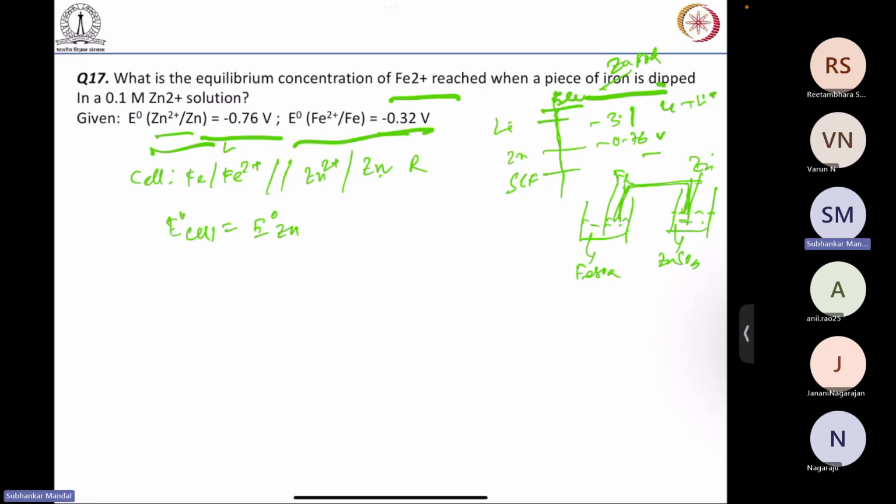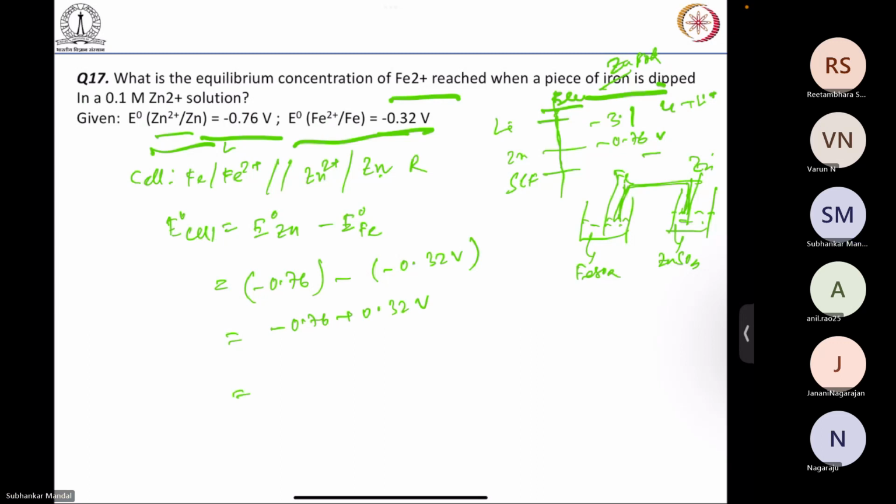So what we can write: this is the right and this is the left. So E naught minus E of Fe. These values are given: minus 0.76 minus of minus 0.32 volt, which is minus 0.76 plus 0.32 volt.